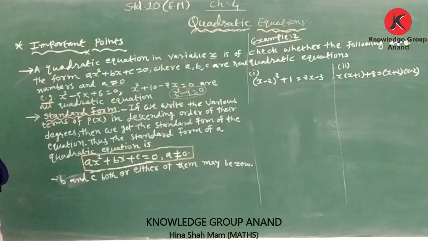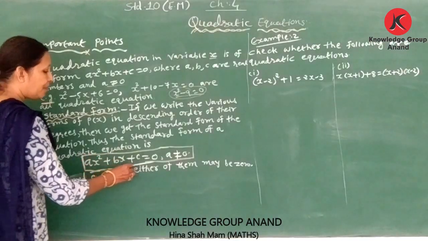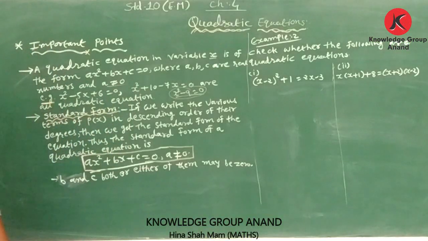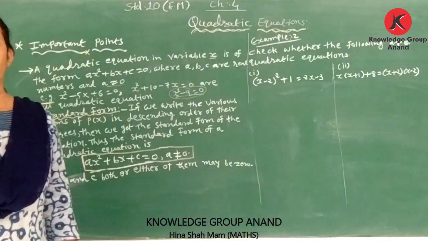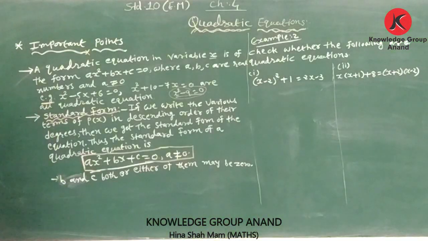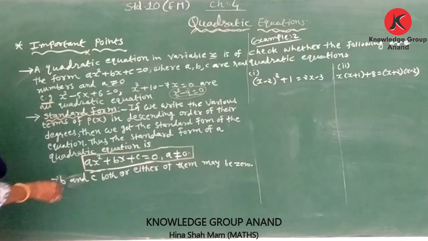Thus, the standard form of a quadratic equation is ax square plus bx plus c is equal to 0, a is not equal to 0. Remember this standard form of quadratic equation: ax square plus bx plus c is equal to 0, a is not equal to 0.